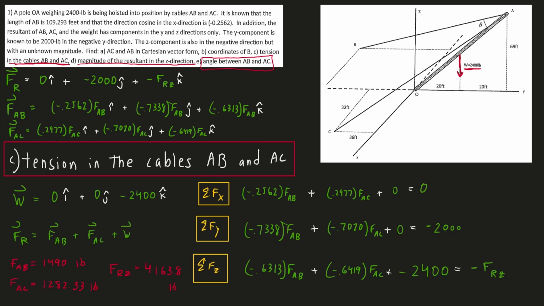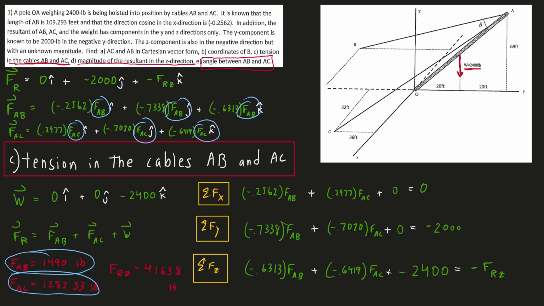Before I forget, now that we know the magnitudes of those two forces in those cables, we can plug them right into here, in their unfinished force vectors in Cartesian forms. And we can actually write the complete force vector for these two forces.